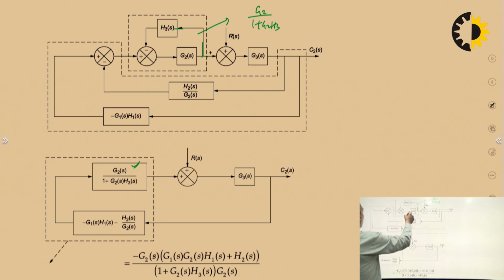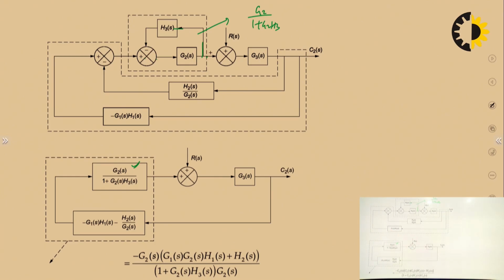So we have separated this: G2S upon 1 plus G2S H3S. This summing point, this loop, will be eliminated, and then finally this loop will be eliminated.